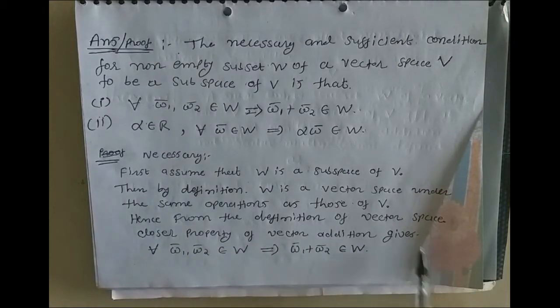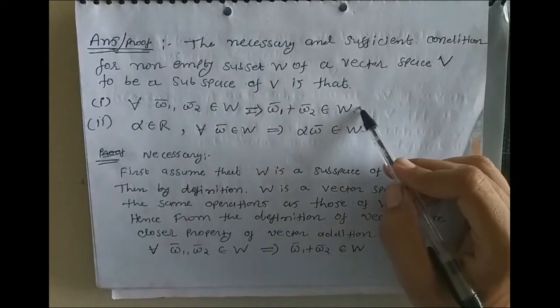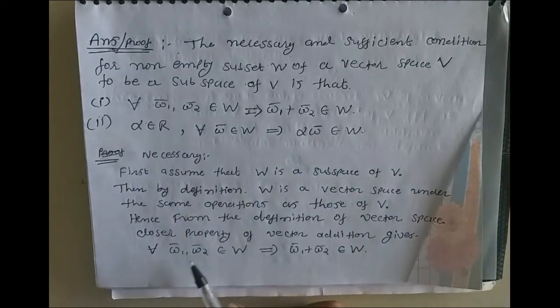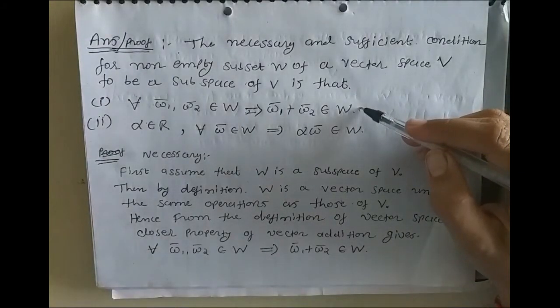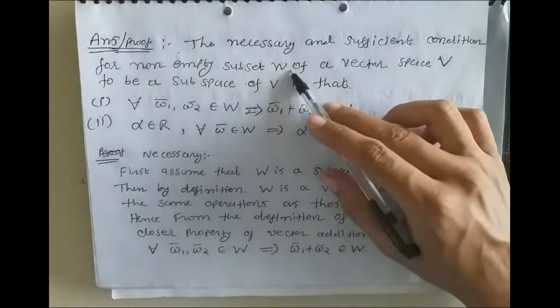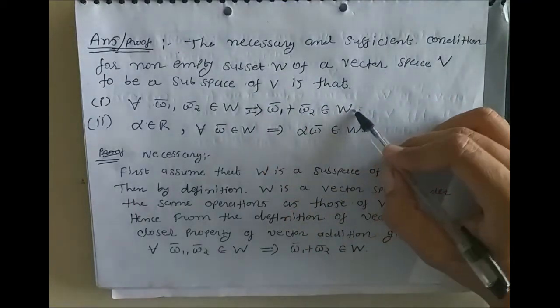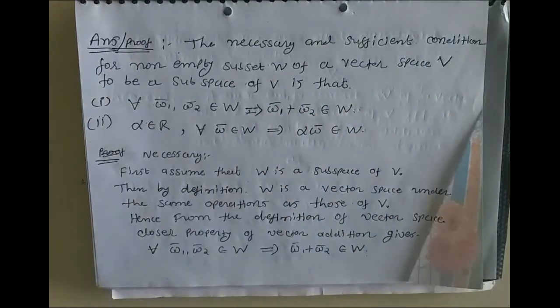From the definition of vector space we get the first property, the closure property for vector addition, which gives our first condition. That means for all vectors W1, W2 belonging to W, the vector addition of these vectors also belongs to W. So W1 plus W2 belongs to W. So this gives us our first condition. So whenever W is a subspace, the first condition is proved.